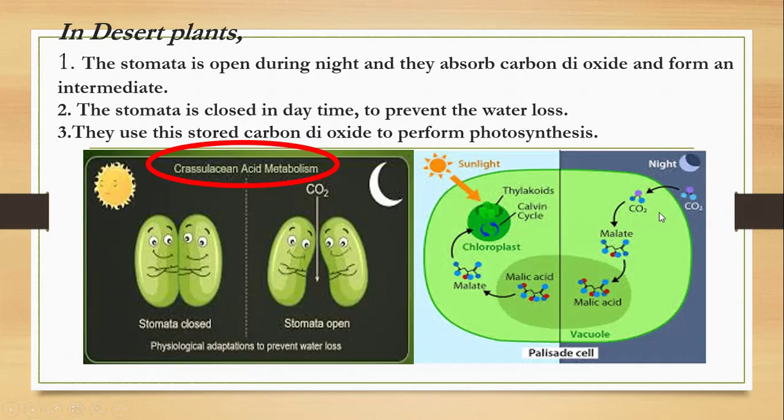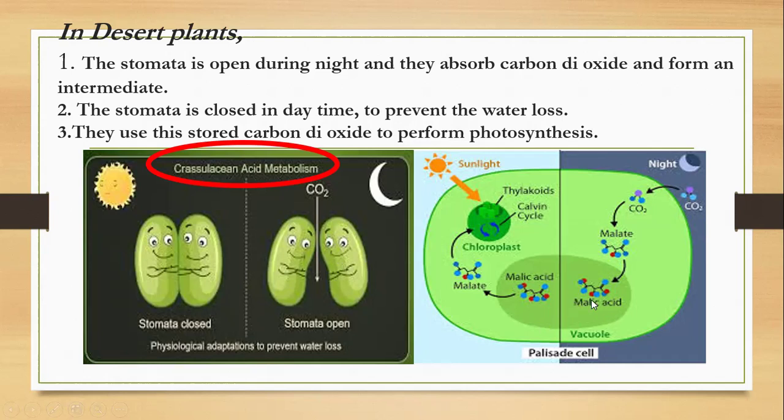Okay, so what happened in night time? In night time, the stomata is open. So what happened? The carbon dioxide goes inside the chloroplast cell. Okay. So the carbon dioxide is going to create an intermediate.